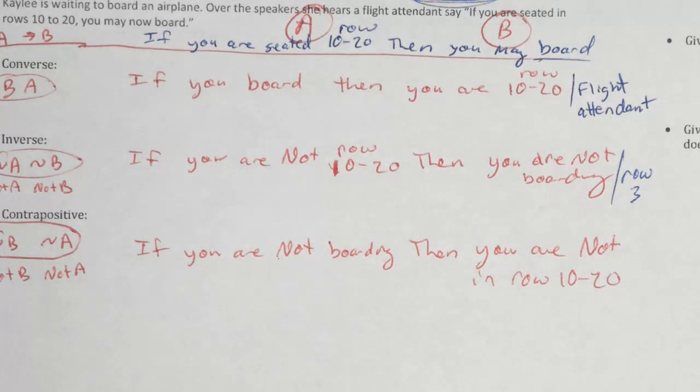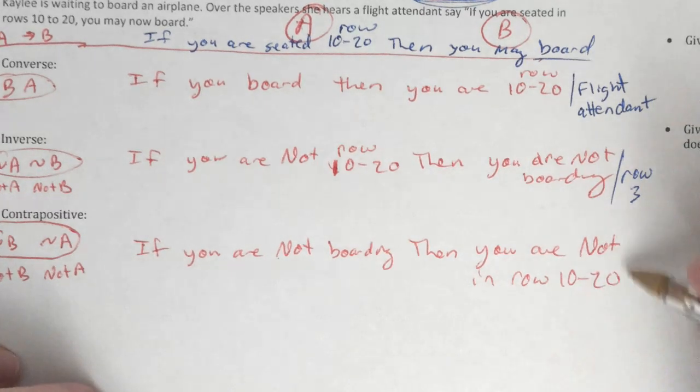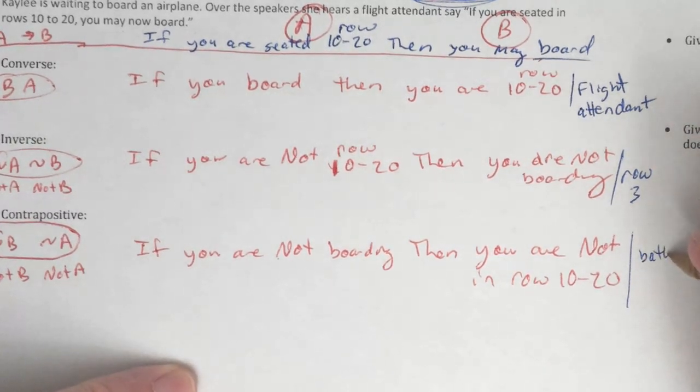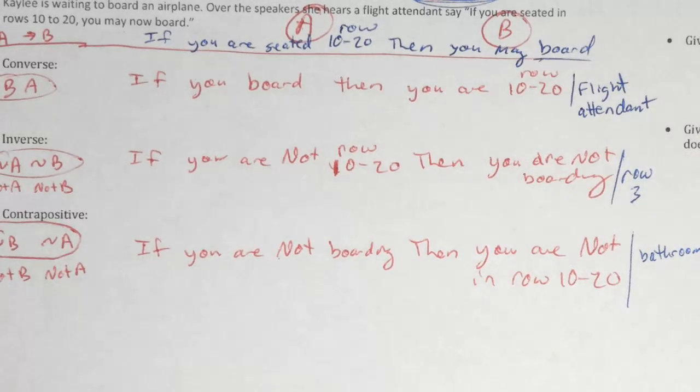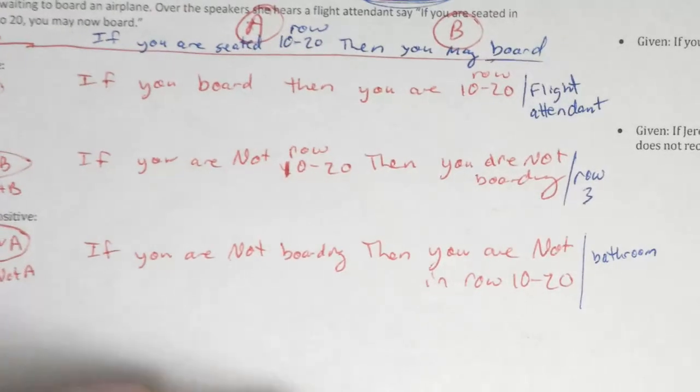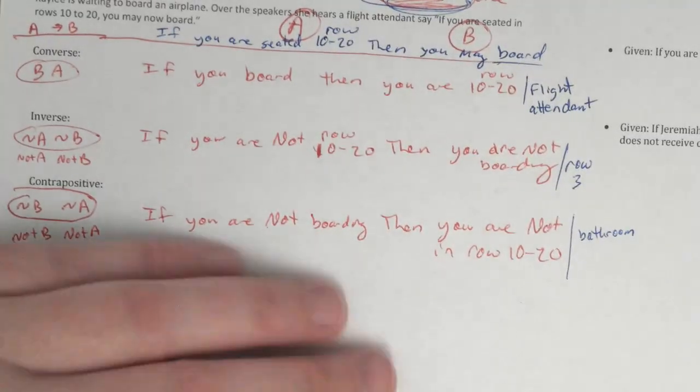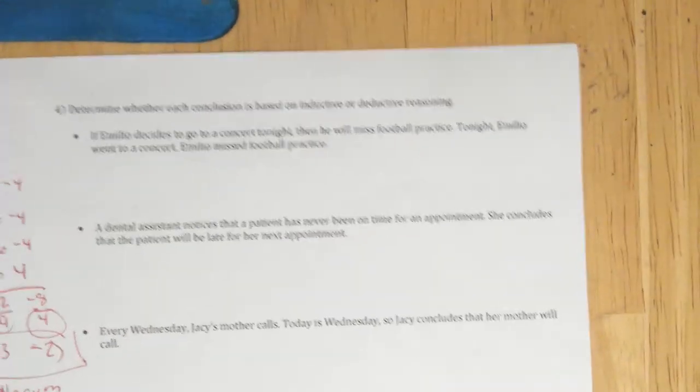It's basically what would make this false? We're in the bathroom. So is that the reason why we're not boarding? No, I'm in the bathroom, so I'm just late. So those are just counterexamples, but just put that out there. All right, awesome. Let's keep going.